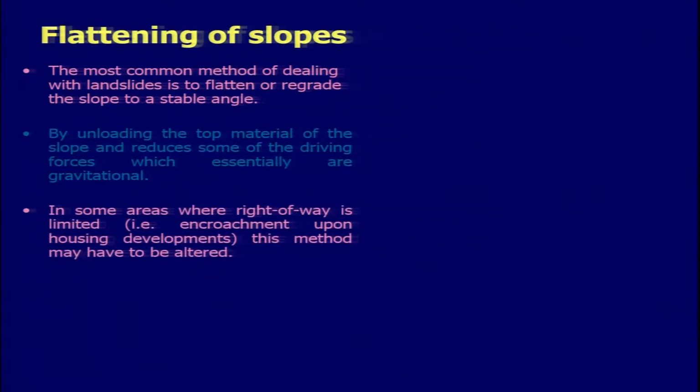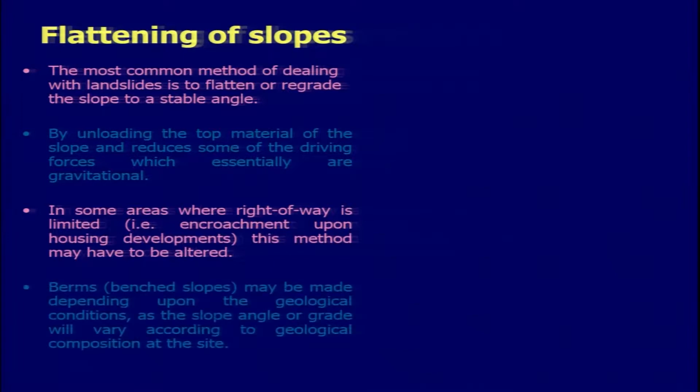That can be done by unloading the top material of the slope and reducing some of the driving forces, which are essentially gravitational. So, you can do that also. When we are talking about the terrace type farming situation, in that case you are unloading the material, as well as reducing the slope.